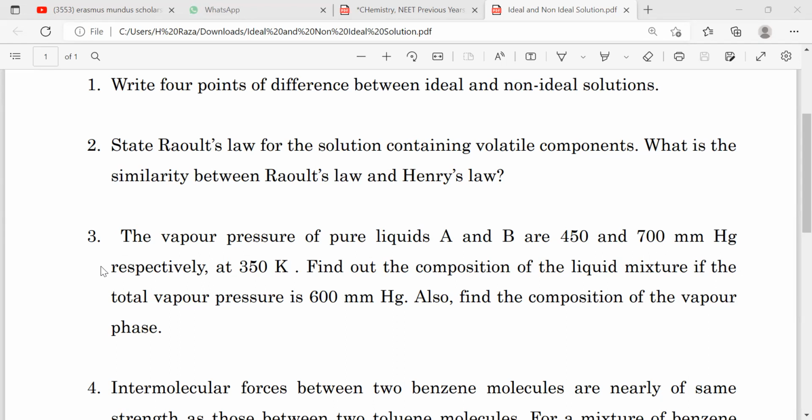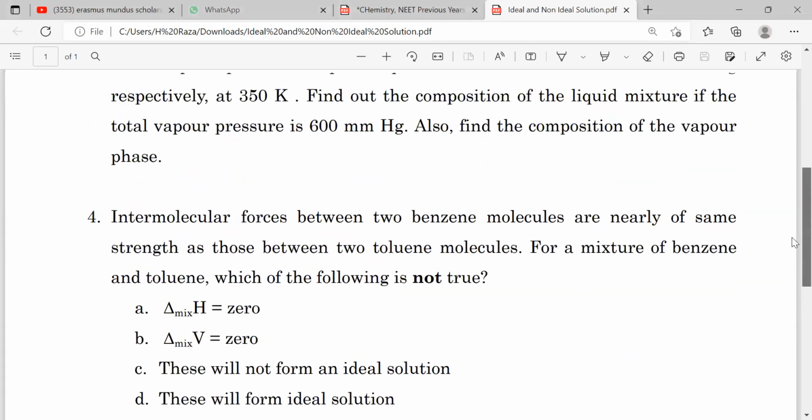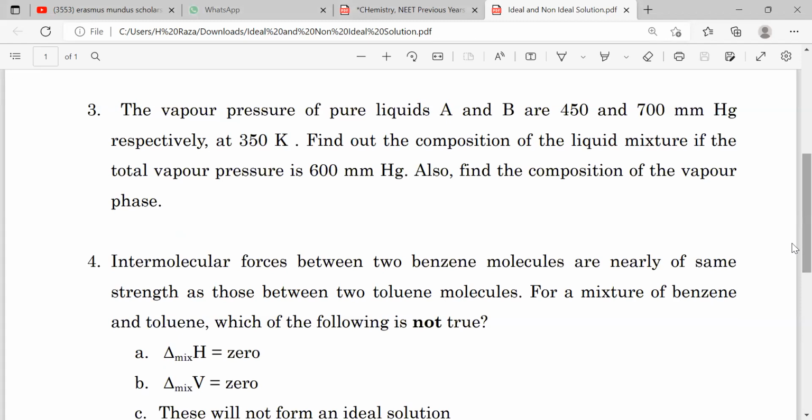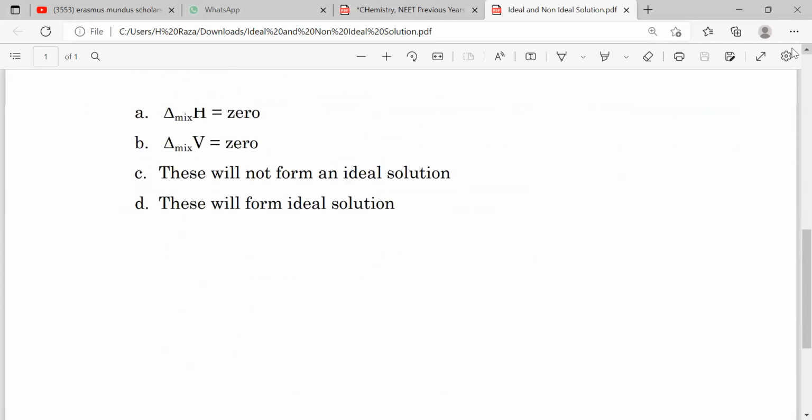So can you scroll down? Yes, yes. Is it good? Oh, wait a minute.